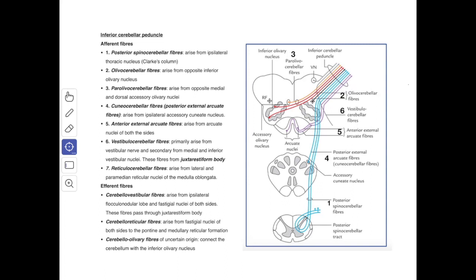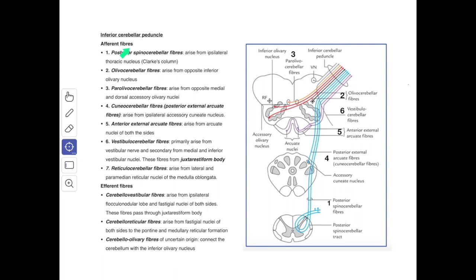The inferior cerebellar peduncle consists mainly of afferent fibers to the cerebellum from the spinal cord, the olivary nuclei, the reticular formation of the medulla, and the vestibular nuclei and the nerve. It also transmits the efferent fibers from the cerebellum to the medulla, principally the vestibular nuclei and the reticular formation.